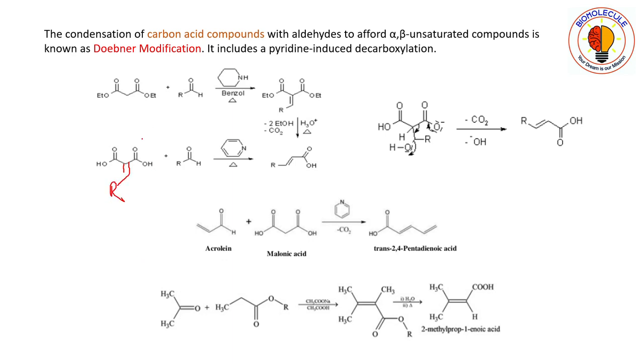Now here, since we have two acid groups, acid compounds undergo decomposition, that is, it will release carbon dioxide, so decarboxylation will take place to give the final product, that is alpha beta unsaturated acid.